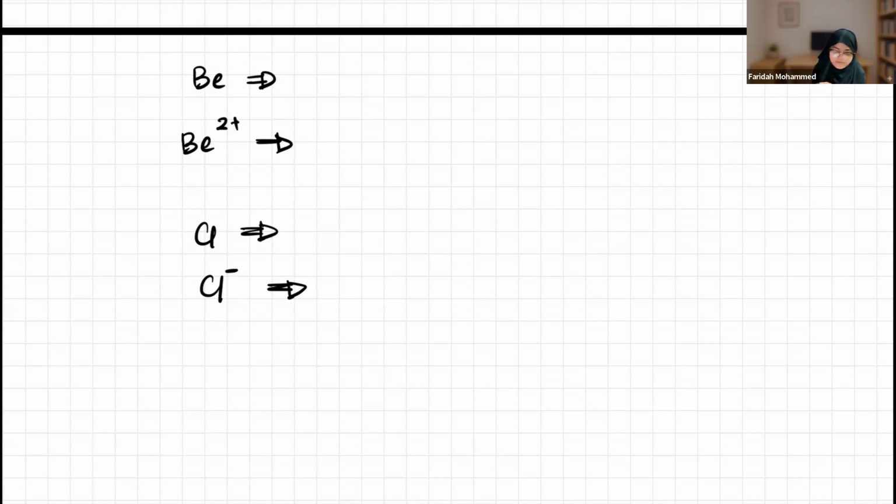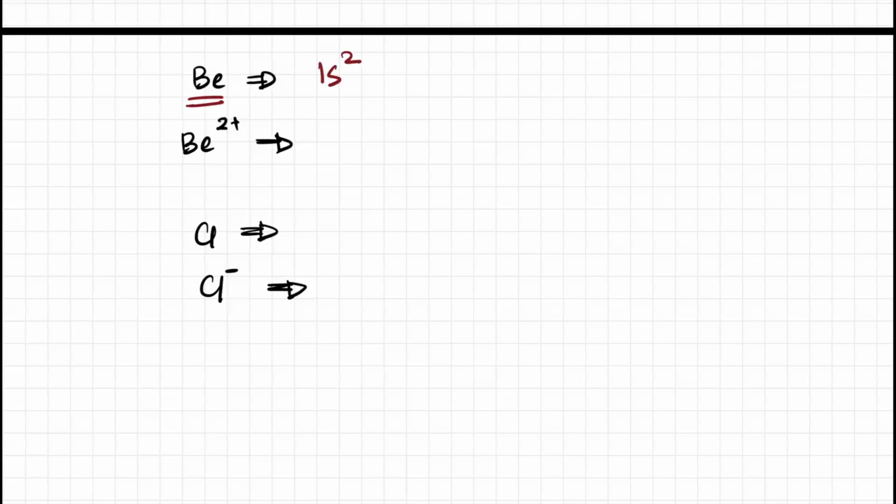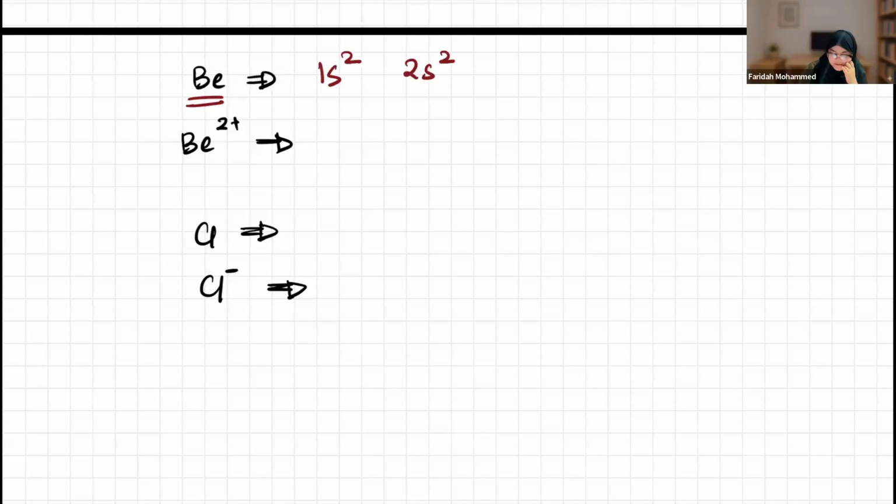Okay, someone help me with Be. Just the Be configuration, please. Is it 1s squared, 2s squared? We call it 1s2, 2s2, okay? And the Cl? Not Cl minus.